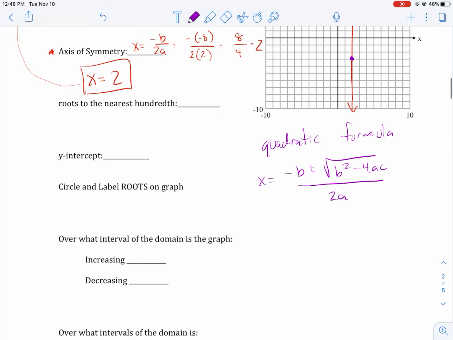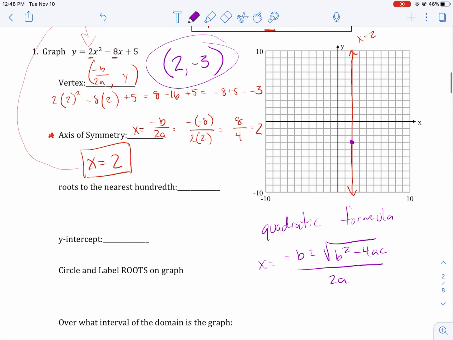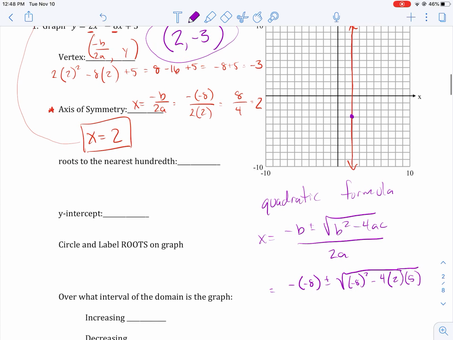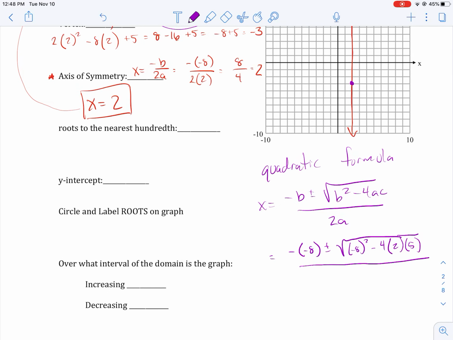Let's take a look at what these values are. Well, b is negative 8, so I go negative 8 plus or minus, b squared, so it's negative 8 squared minus 4 times 2 times 5, all over 2 times 2.